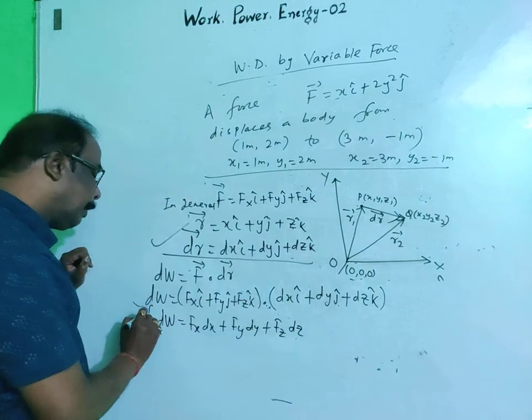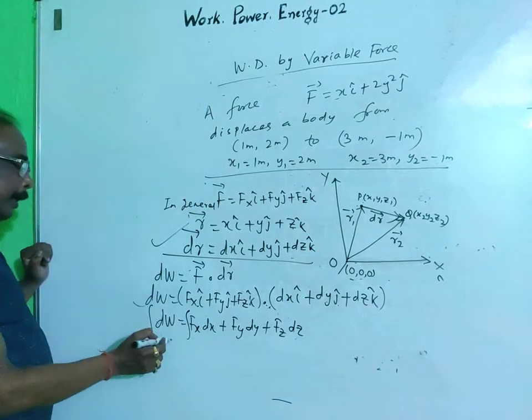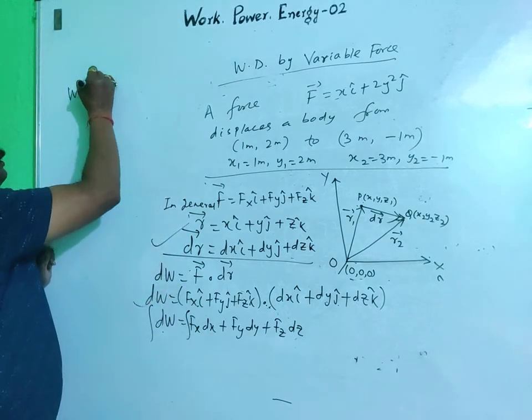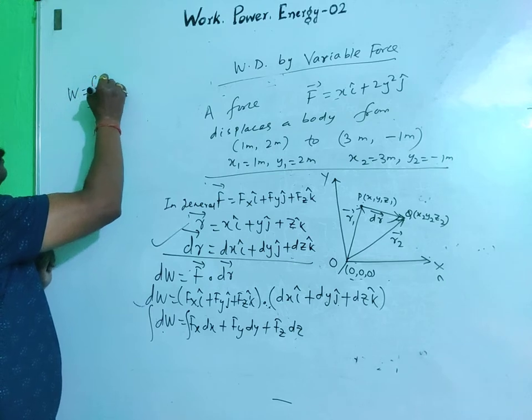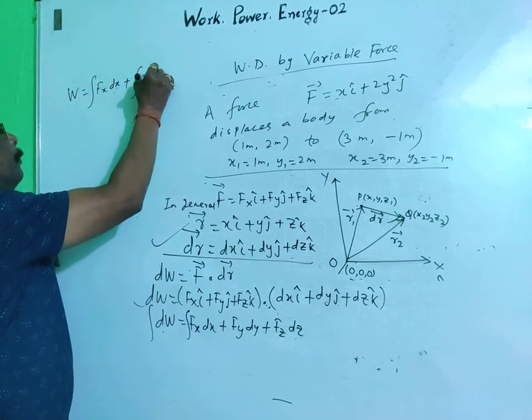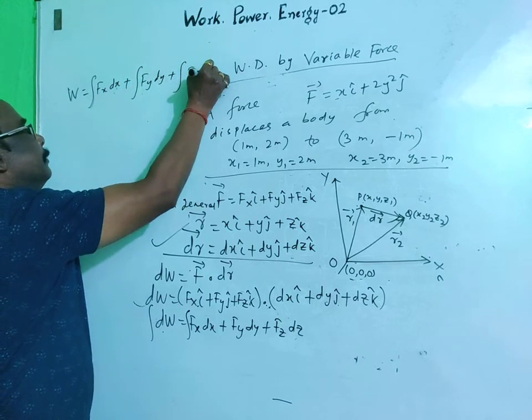Then to get total work, integrate both sides. And here I am writing the final expression. Total work W is equal to integration of Fx dx plus integration of Fy dy plus integration of Fz dz.